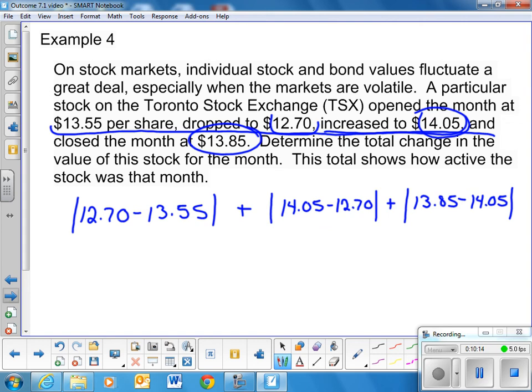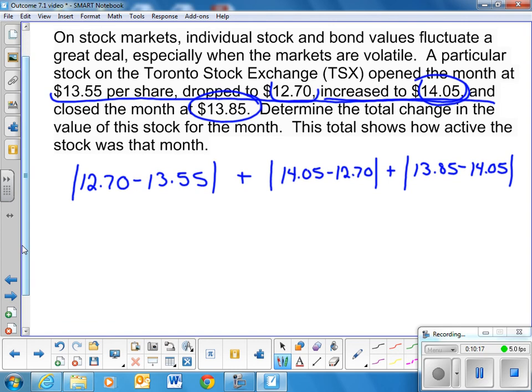So we had 3 different changes throughout the month. So we have 3 different absolute value expressions to help us with that. Let's evaluate those absolute value expressions. So inside the first one, if I have 12.70 minus 13.55, shows a loss of 85 cents, or decimal 0.85. In the second one, 14.05 minus 12.70 shows an increase of $1.35. And the last piece, again, is another drop.